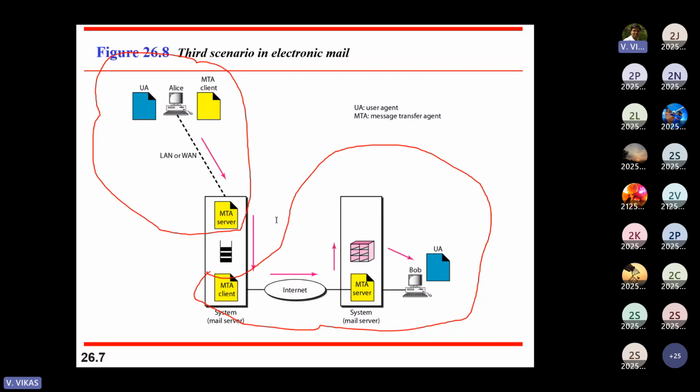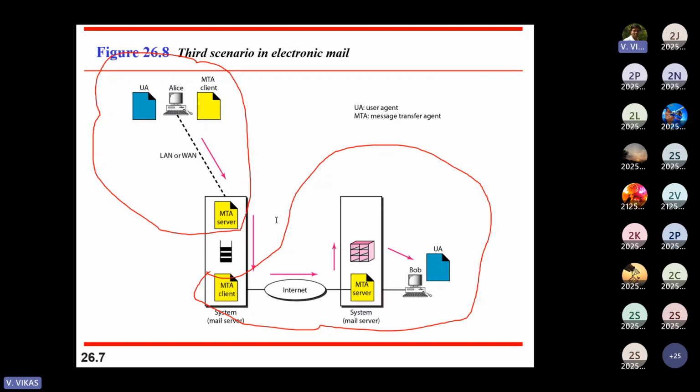Alice still needs a user agent, because the user agent is the one which helps her in writing the message, etc. She can send the message through the local area network or wide area network, but for that we need some client server program. So again, we are taking the help of a message transfer agent here.